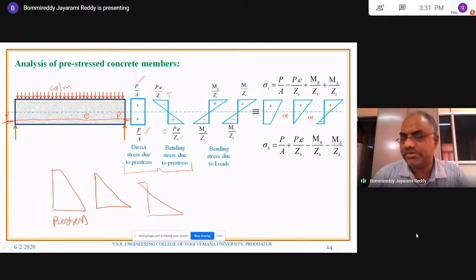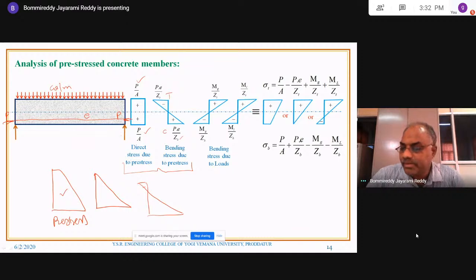So this is called the resultant diagram by adding these two. Depending upon the magnitude of the direct stress and the bending stress, the section may be totally compressive, the top may have zero stress, or the top may be under small tension. It is because of the bending pre-stress.